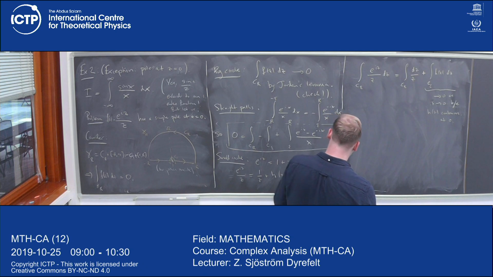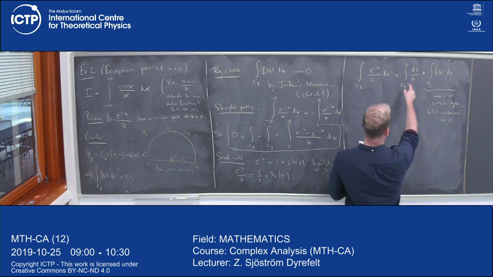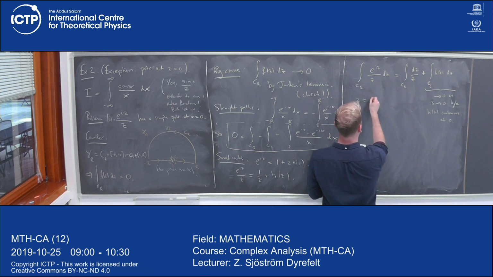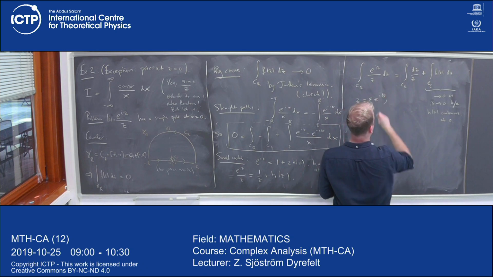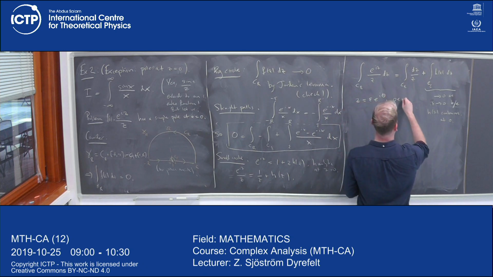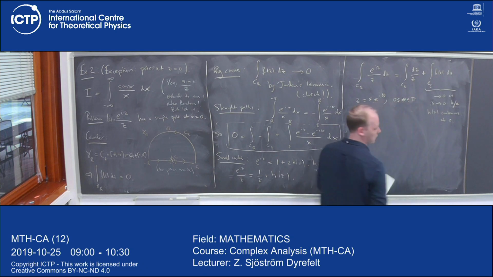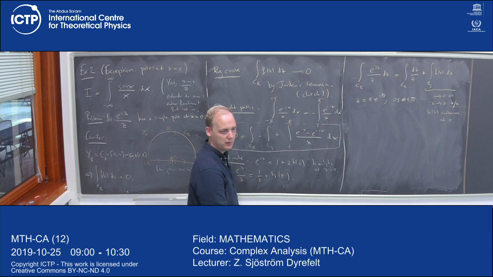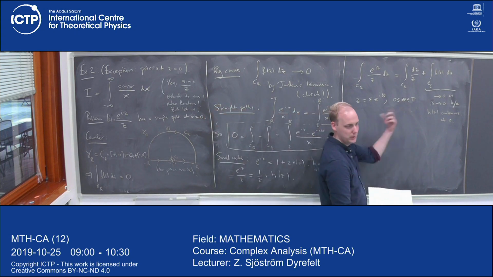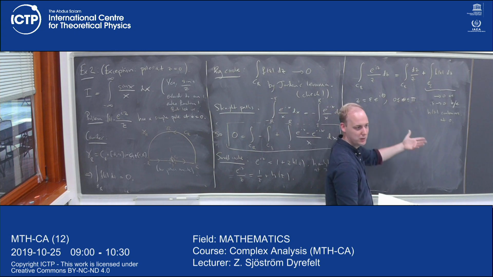Now, the other part, dz/z. For this part, we write z equals epsilon e^{i theta}, where theta goes from 0 to pi. Actually later we'll be interested from pi to 0, right?